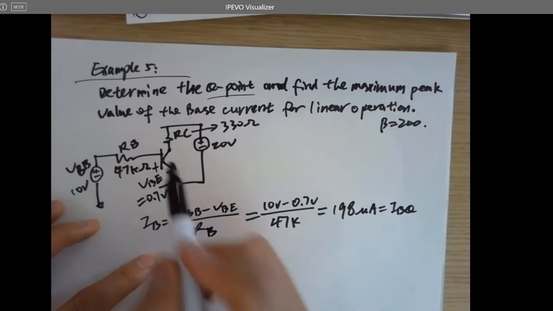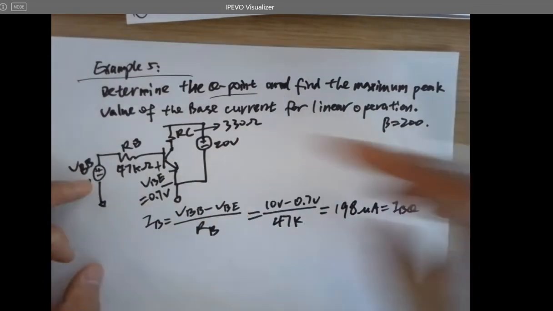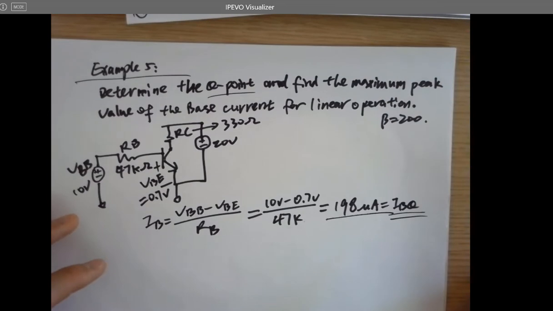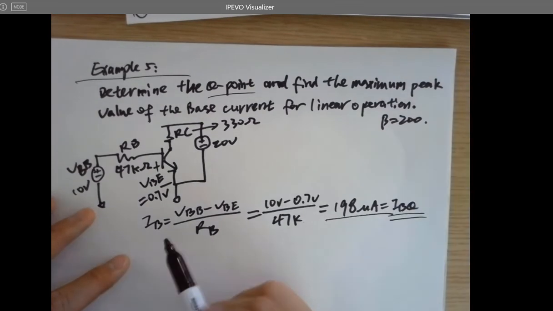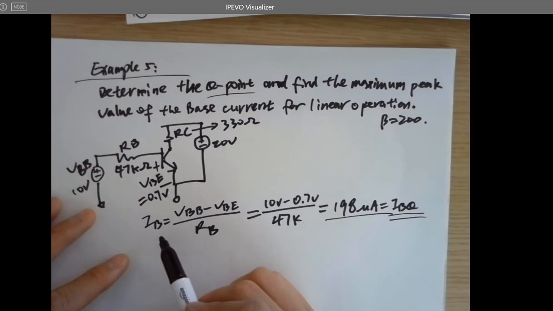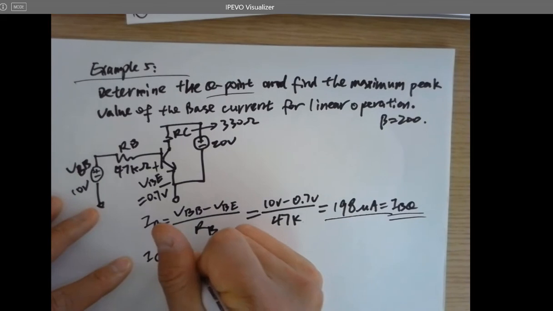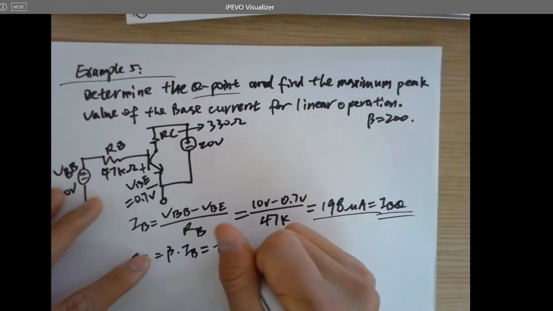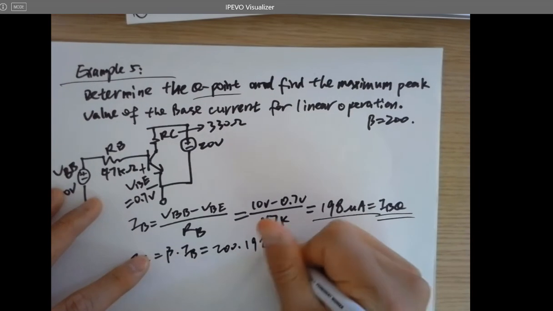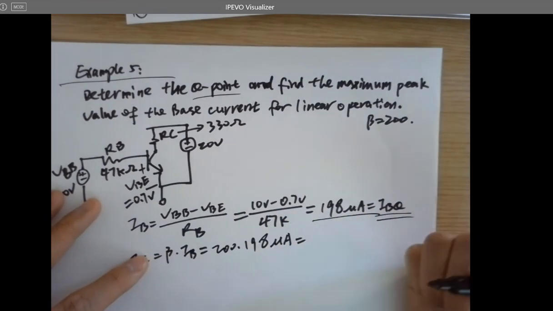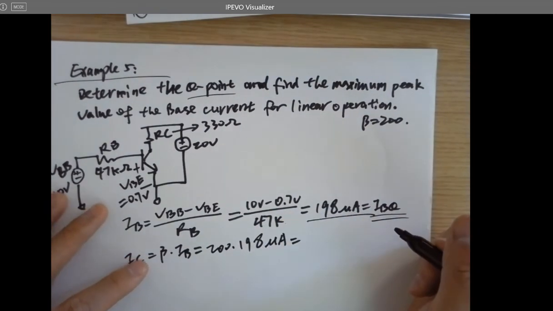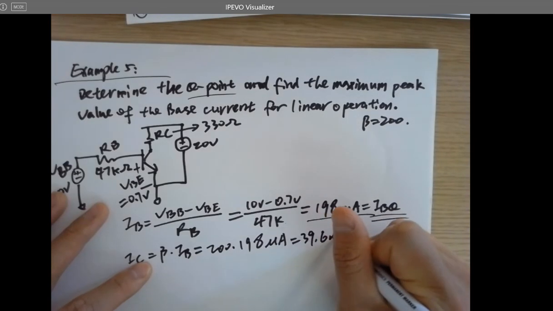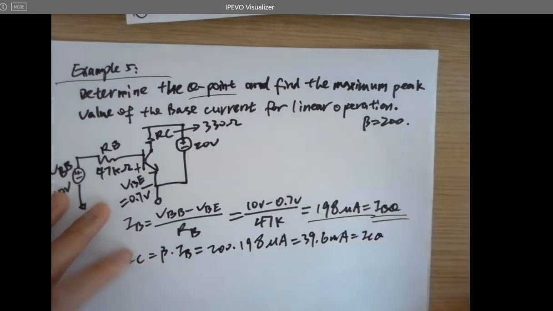So this transistor has been biased by these two voltages, and here is the Q point for IB. If you know IB, you can find out IC, which is beta times IB, 200 times 198 microamps, which is 39.6 milliamps. So that's ICQ.